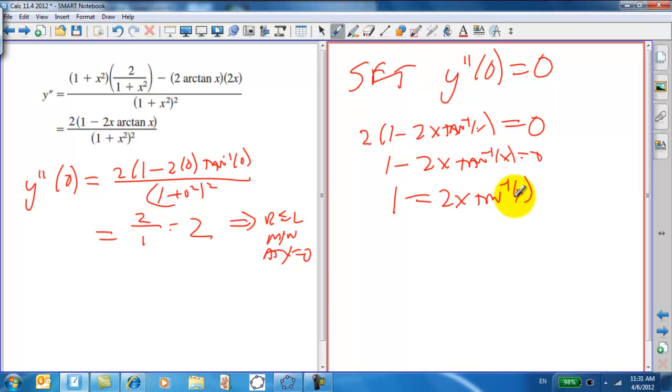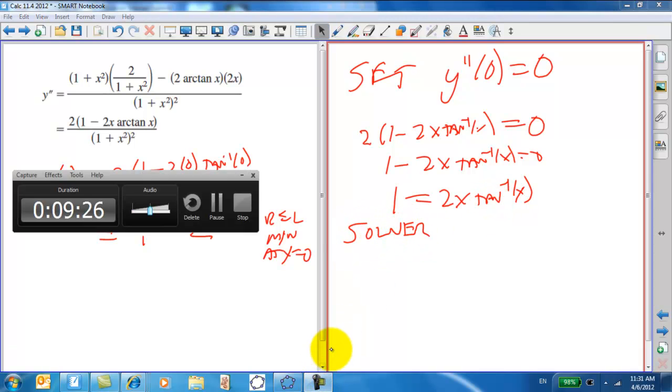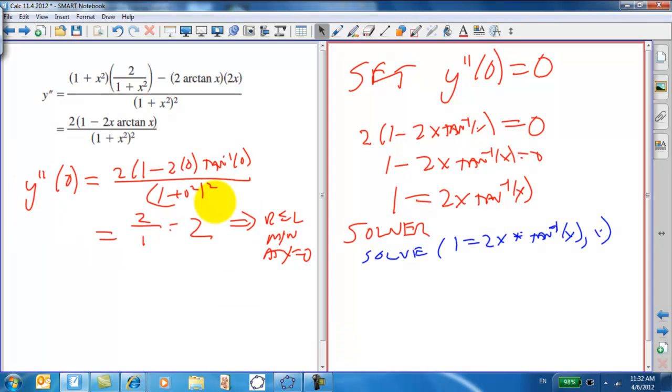When you've got variables both inside and outside the trig function, let's just go to the solver on the calculator. The solver gives me two answers: x equals about negative 0.765, or x equals 0.765. So there's that symmetry we observed in our original sketch.